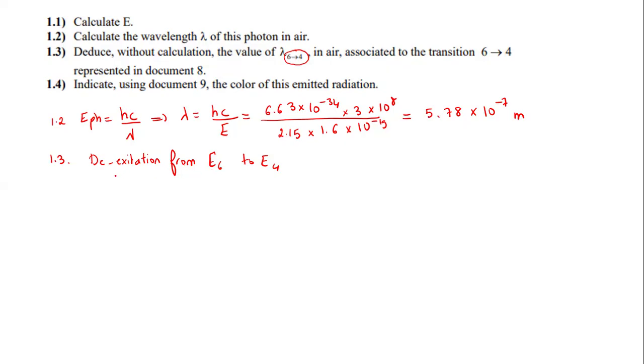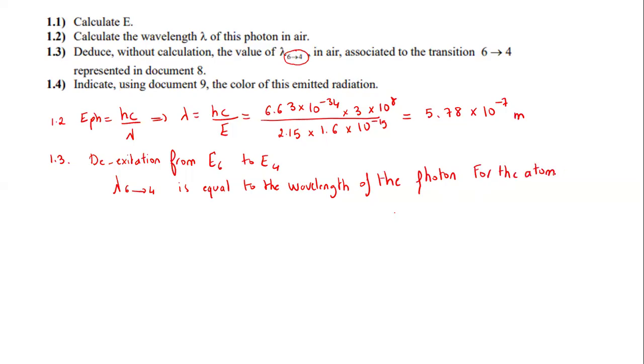So here we will just say lambda from 6 to 4 is equal to the wavelength of the photon needed for the atom to be excited from 4 to 6, which we have.